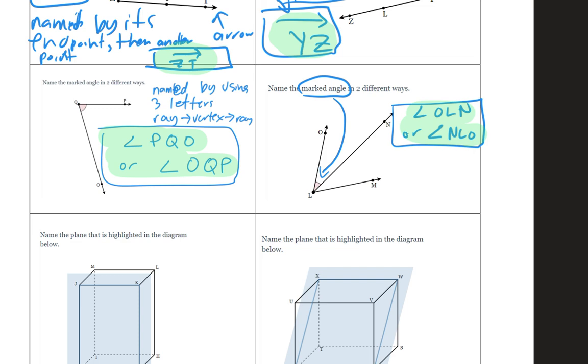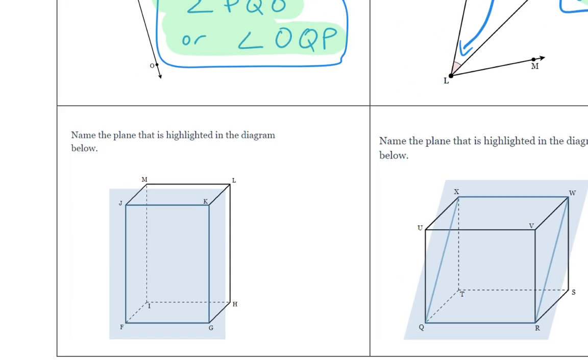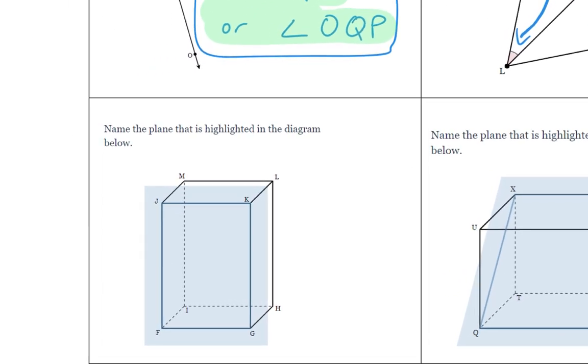All right, next, our last part. Name the plane that's highlighted in the diagram below. So on your copy, go ahead and highlight just like we have over here. If you notice, it's just that front, right? You can think of it like the front of this box. So this is a plane.